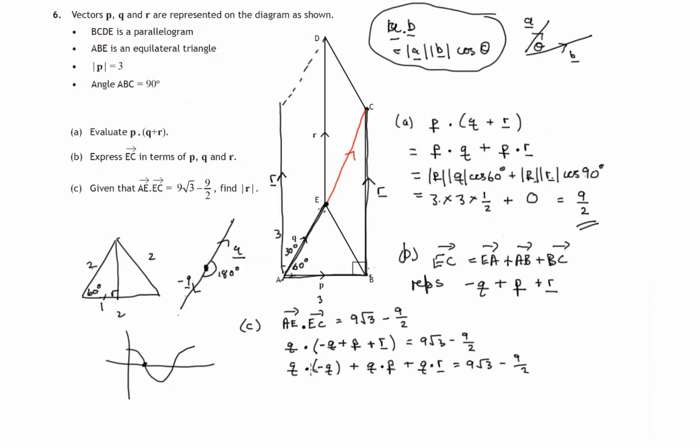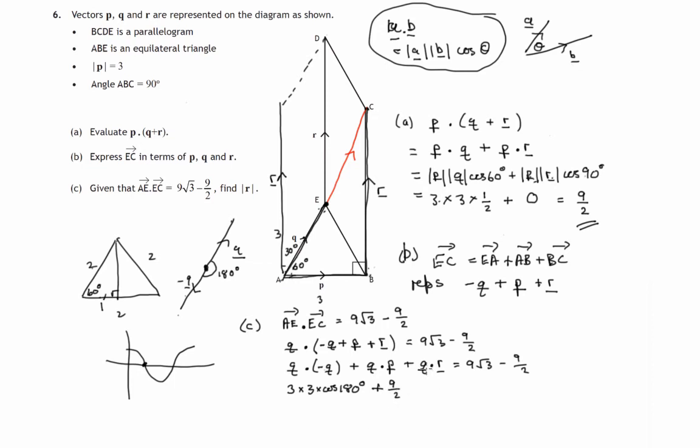So length times cosine of angle between them will give us a 3 times a 3 times the cosine of 180. Q dot P, that'll be exactly the same as P dot Q. Doesn't matter which order you do the dot product in. And we know that's 3 times 3 times a half. That's 9 over 2. So we can replace that by 9 over 2.